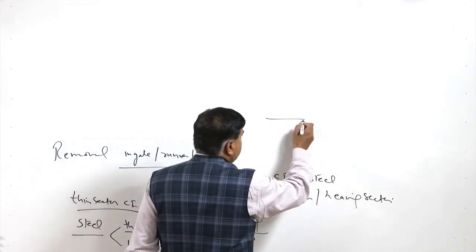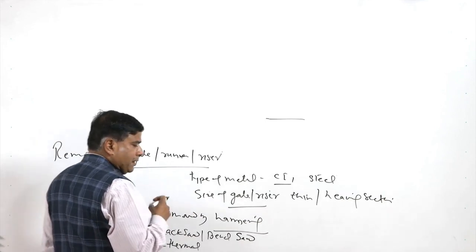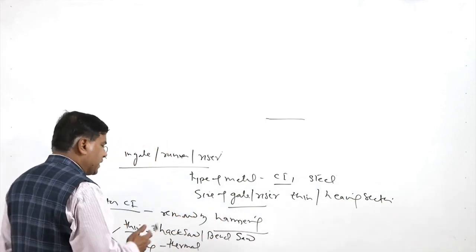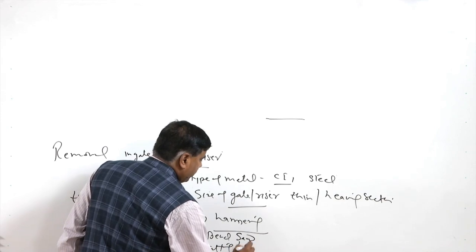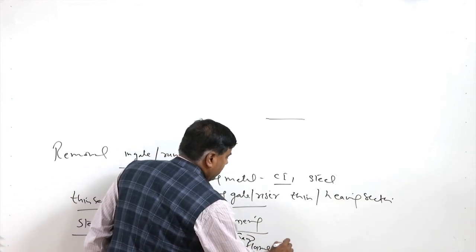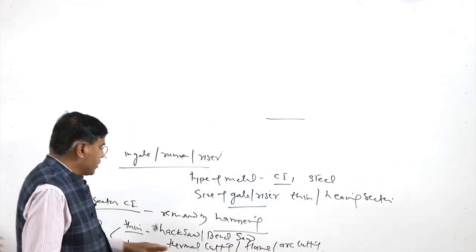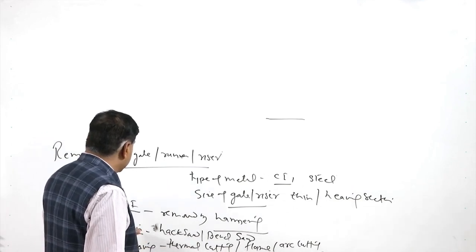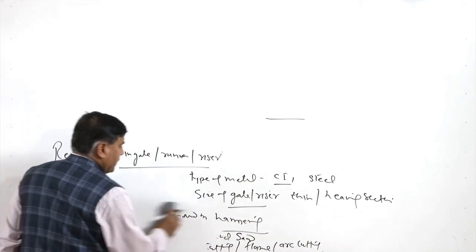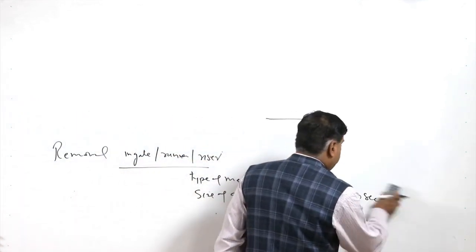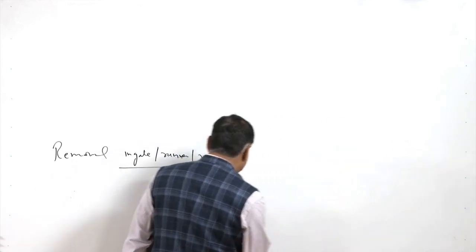Because if the section is really heavy, we need to apply the heat so that either oxygen assisted gas flame cutting or arc cutting can be applied. So, thermal cutting methods in form of flame or arc cutting are applied for the steel castings which are heavy in section, while if they are thin, then hacksaw and the bend saw can be used for the cutting purpose. So, these are the approaches which are used for removing the gates and the risers.